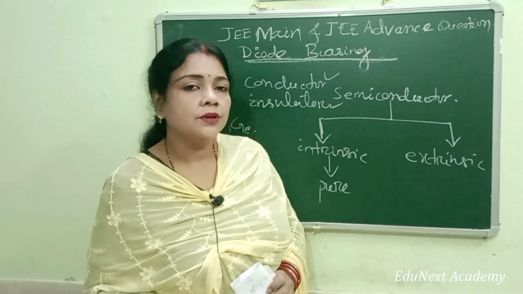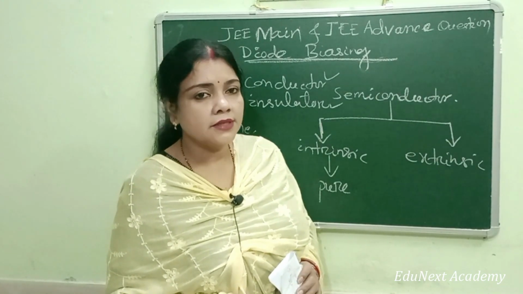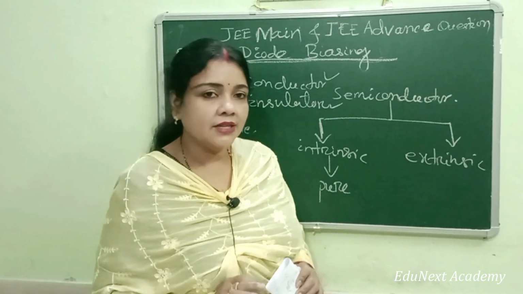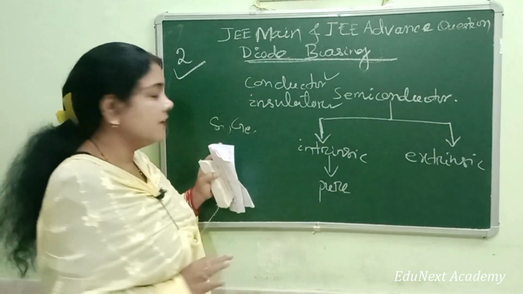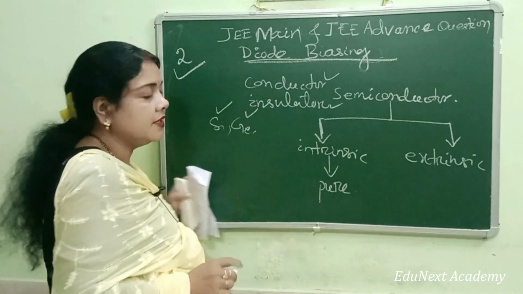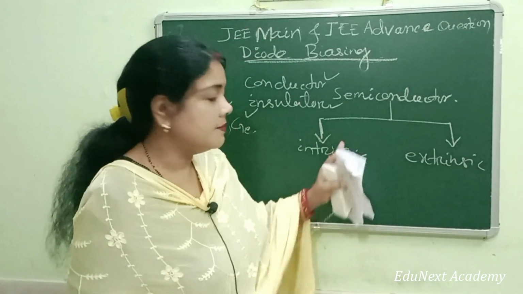If you go through your periodic table, you will find at least 13 such elements which belong to the semiconductor category, but actually they are not used because their properties don't satisfy like silicon and germanium. That's why silicon and germanium are abundantly used for making semiconductors.